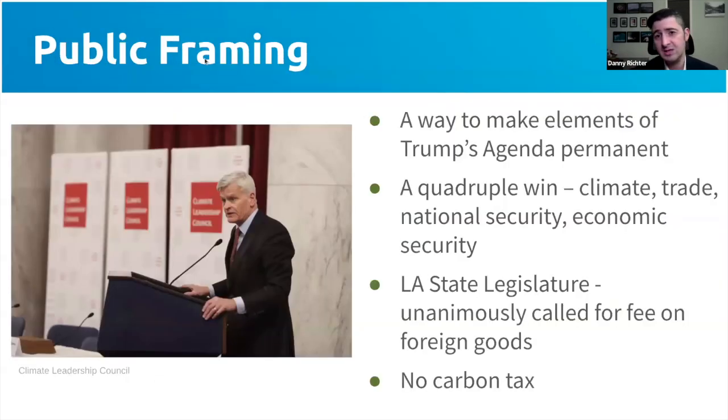I also think it's really interesting the way that Senator Cassidy himself frames this. This is a picture from the Hill. You can see the Climate Leadership Council logo in the background. They hosted the launch event for this. This was after the Liberation Day tariffs, and Senator Cassidy got up there and spoke to the crowd.